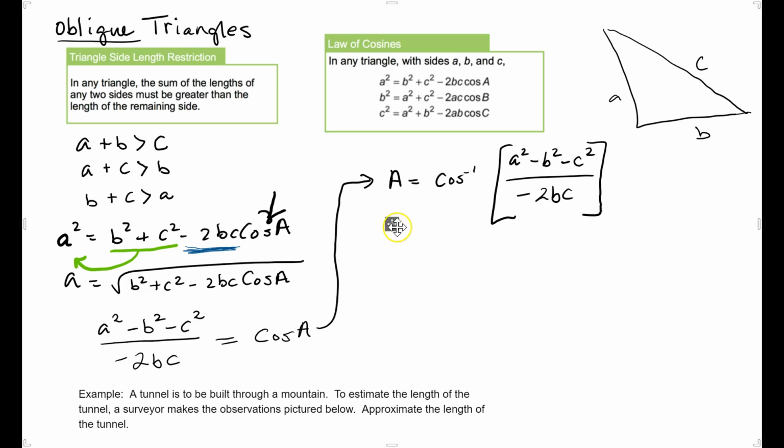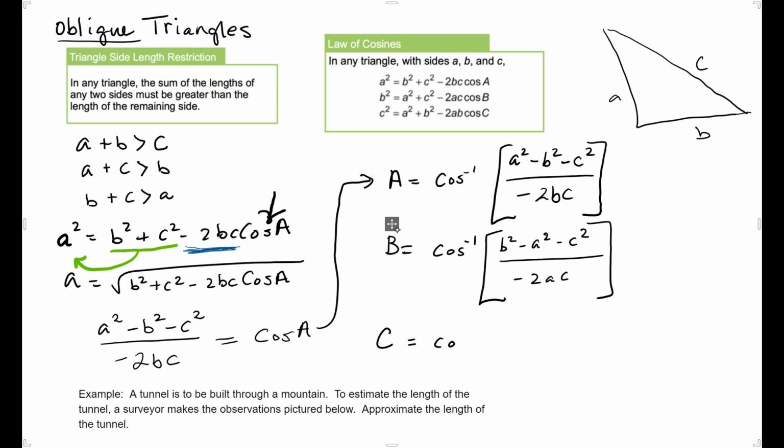Now I'm going to write out the other variations of this formula. If you're looking for the angle B, it is going to be the cosine inverse, and it's all a pattern. It is B squared minus A squared minus C squared, all divided by negative 2AC. So you take the cosine inverse of that, and then angle C is going to be the cosine inverse of, and you might have guessed it, C squared minus A squared minus B squared, all divided by negative 2AB.